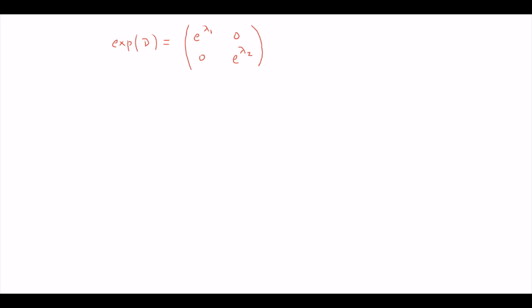And for a 3 by 3 matrix, the exponential of D 3 by 3 is simply e power lambda 1, 0, 0, 0, e power lambda 2, 0, 0, 0, e power lambda 3.